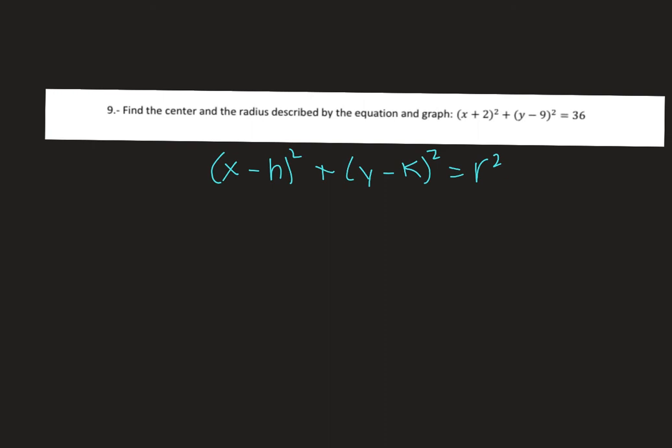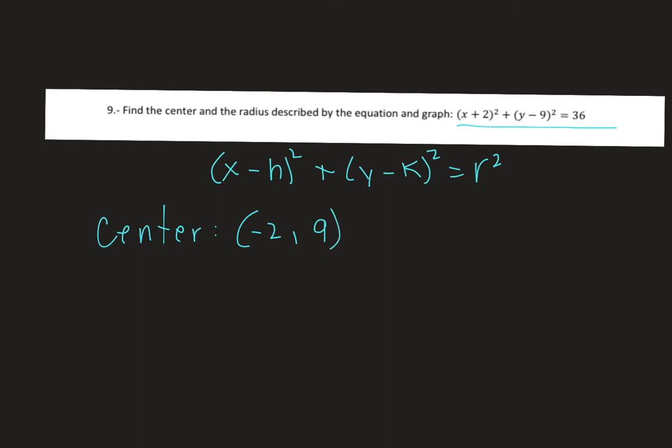So I need to find the center, and that would just be the opposite sign of what's inside the parentheses. So if I have x minus 2, what makes x minus 2 equal to 0? That's a negative 2. And what makes y minus 9 equal to 0? That's a positive 9.